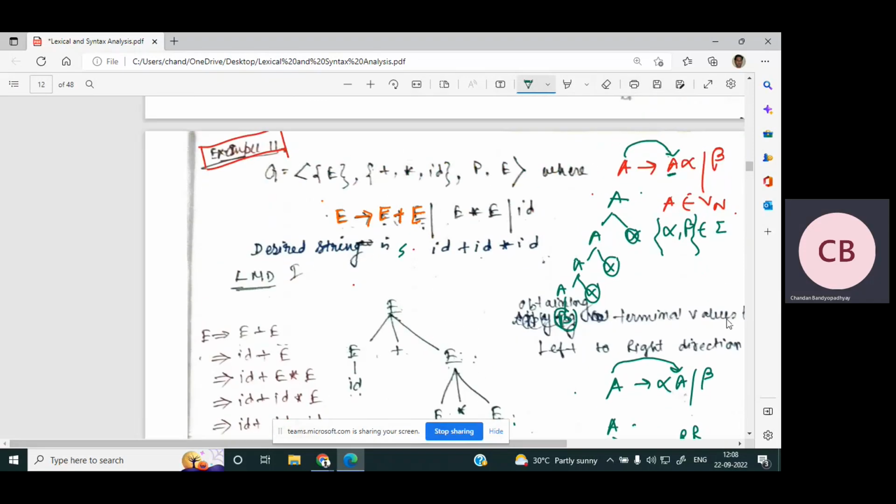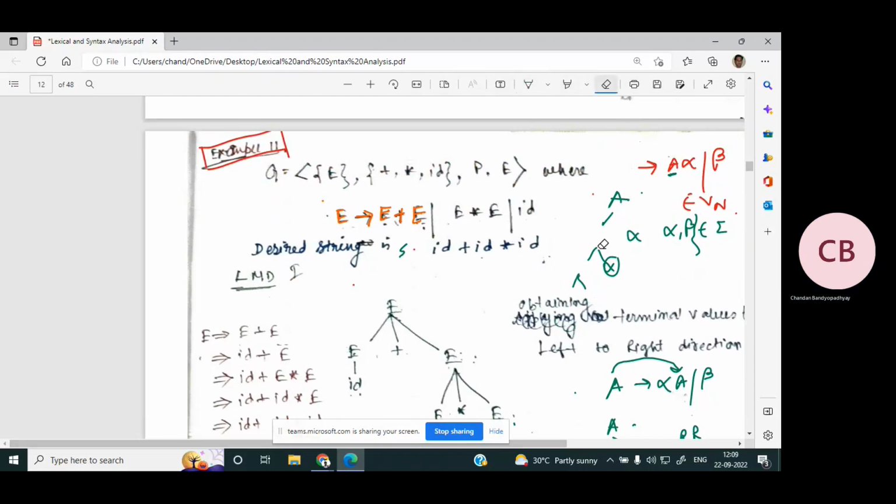Correct? Here the recursion that we have inferred is called left recursion. I hope the idea is clear. If the same variable is appearing in the left part, that is called left recursion. If the same variable is appearing in the right, that is called right recursion. Now, I'm erasing this segment because too many things have been written here.